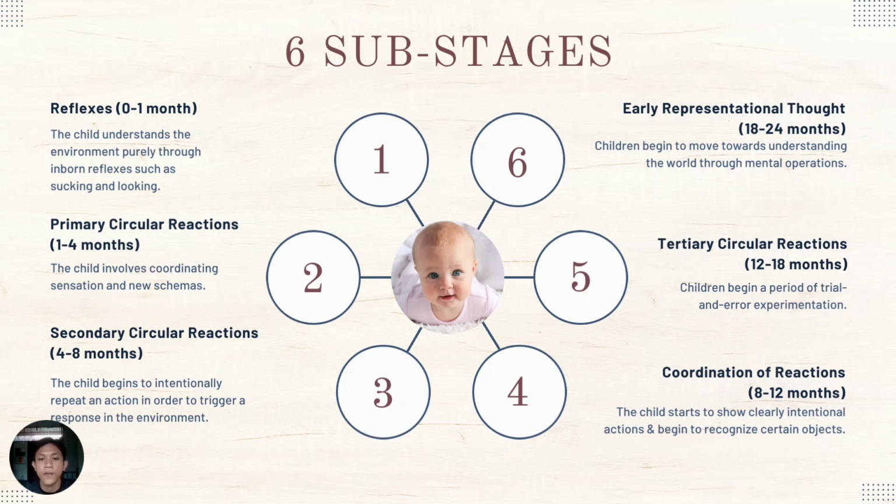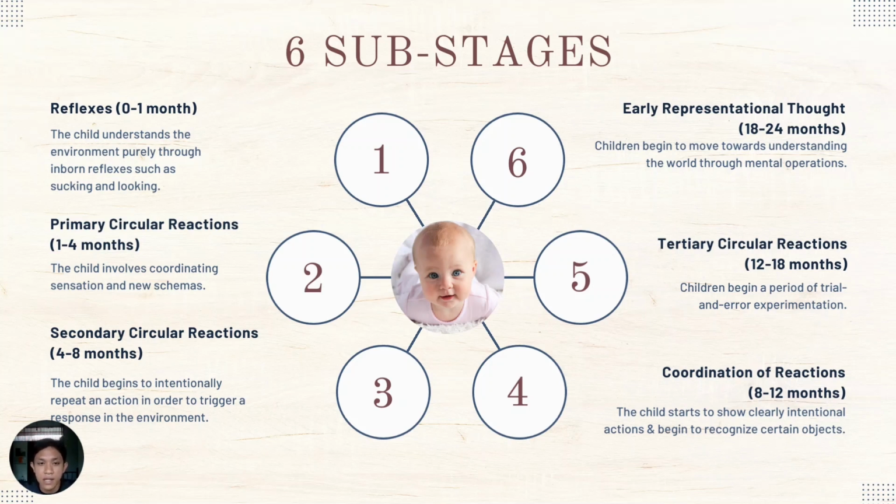The fourth substage is coordination of reactions, from 8 to 12 months. The child starts to show clearly intentional actions and begins to recognize certain objects. For example, a child might realize that a rattle will make a sound when it is shaken.